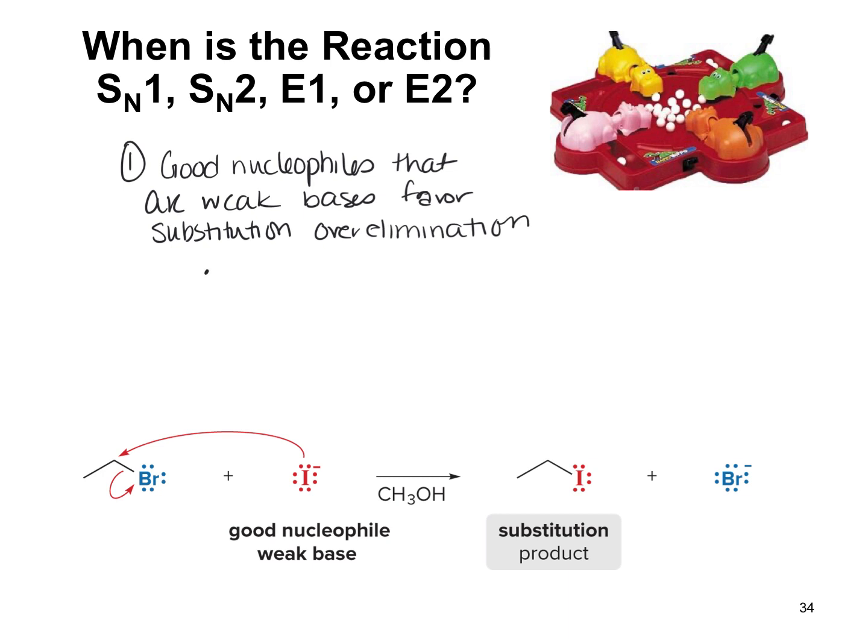And so these include things like I-, Br-, sulfur, CN-, CH3COO-, etc. So notice there's those negative charges on these atoms, right? So for example, we have a good nucleophile here, right? It's a weak base. We come in and we get a substitution product.